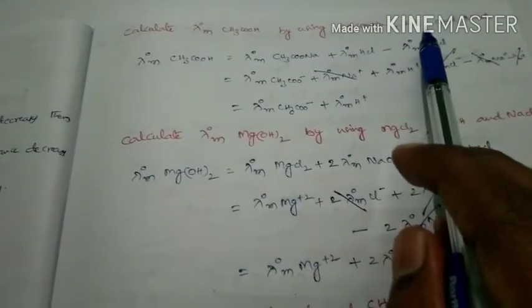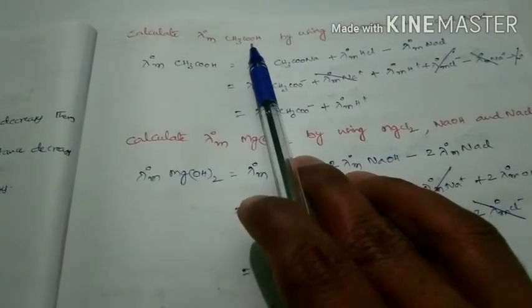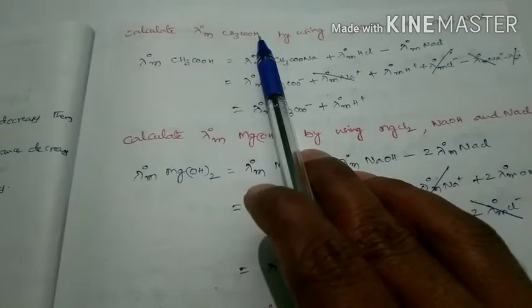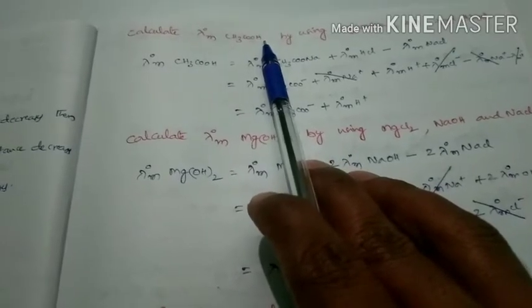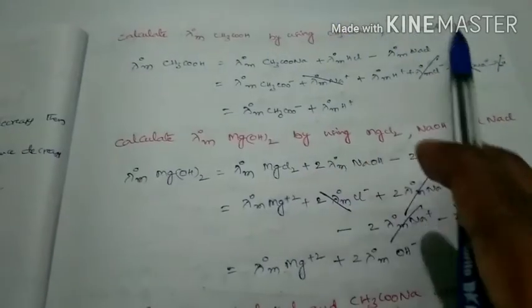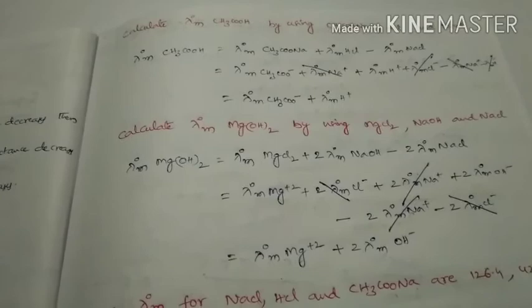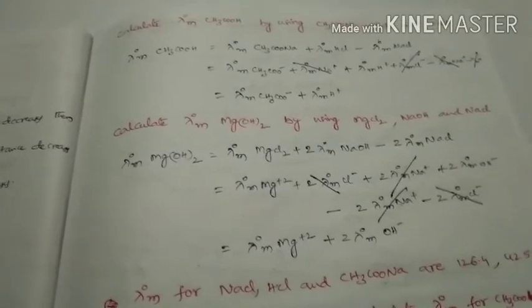Ultimately, we have to get lambda naught m of CH3COO minus plus lambda naught m of H plus. That means we have to get those ions by using these three compounds. Now I will show how we get those two ions by using these three compounds.